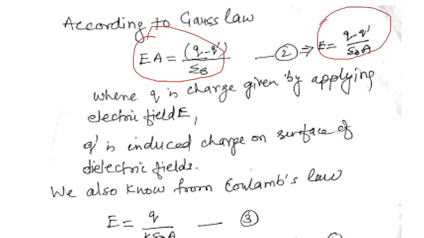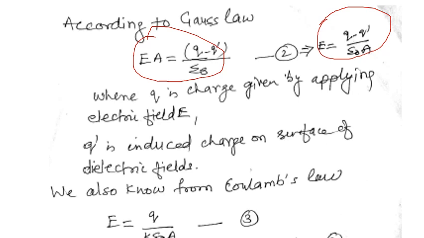We also know that the electric field now becomes 1 upon K times E0. Q prime is the induced charge on the surface of the dielectric, and we know that Q prime is always less than Q, because it is an induced charge.